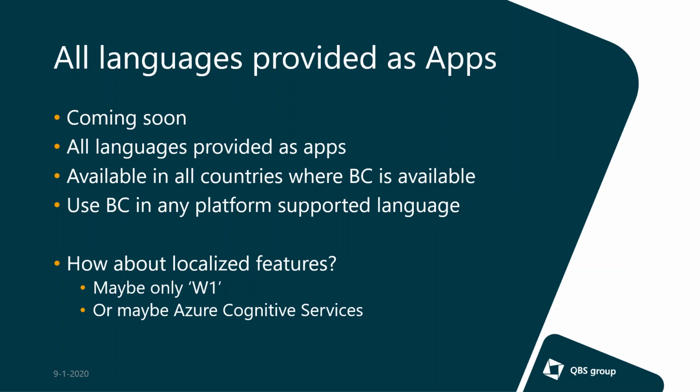Maybe they have created this feature only for the, let's call it, W1 functionality, or maybe they're going to use some Azure Cognitive Services to translate those specific Dutch functionality to French. We have to see what Microsoft is coming up with. But at least it's good to know that all languages will become available as an app in Business Central SaaS.